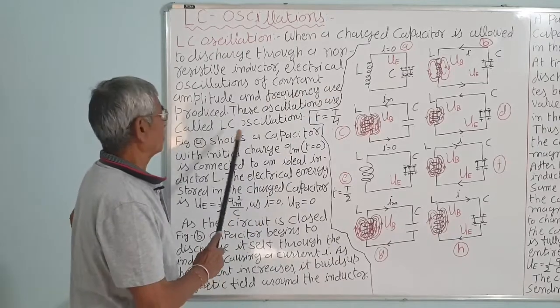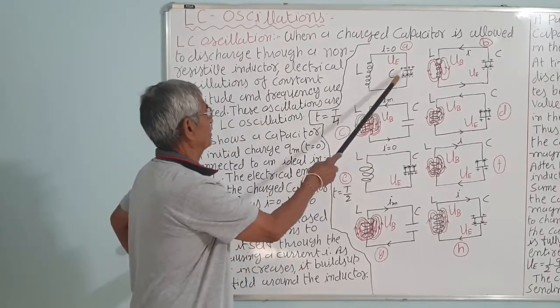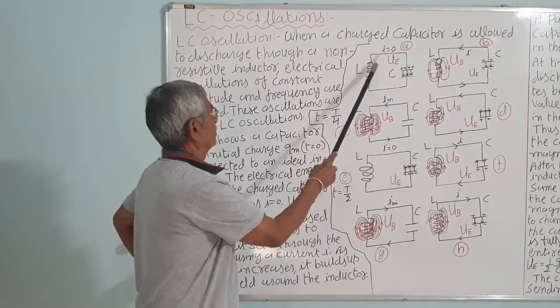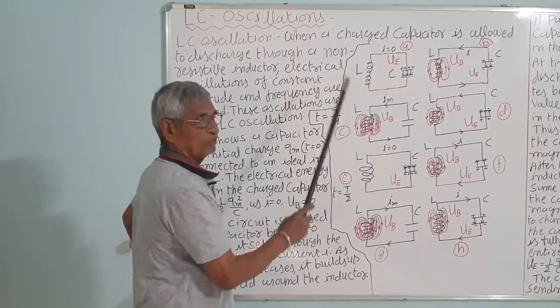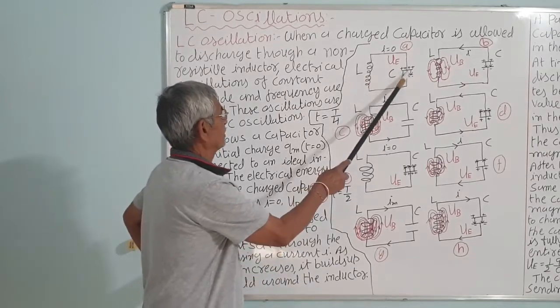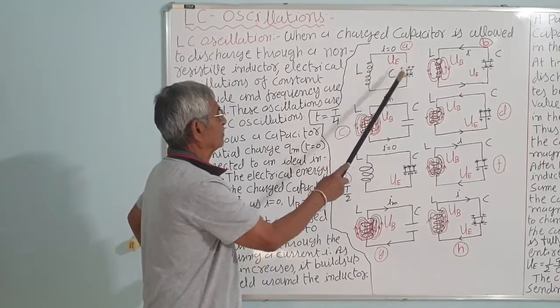These are called LC oscillations, where charge surges to and fro. Electrical energy converts into magnetic energy and magnetic energy converts into electrical energy.